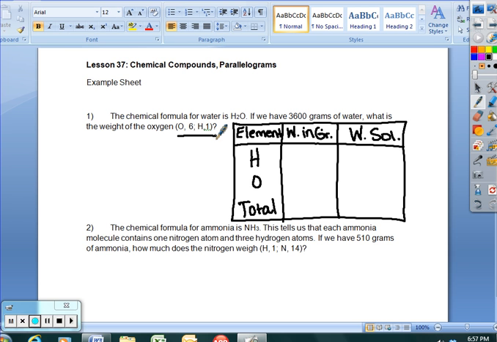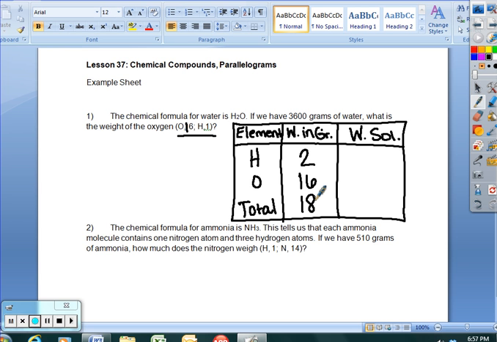The weight of hydrogen is 1, and since there are 2 hydrogen atoms, each weighing in at 1, the weight in grams for hydrogen is 2, as previously mentioned. There's 1 atom of oxygen, weighing in at 16 grams. So the total weight in grams for oxygen is 16, meaning the total weight for H2O is 18 grams.